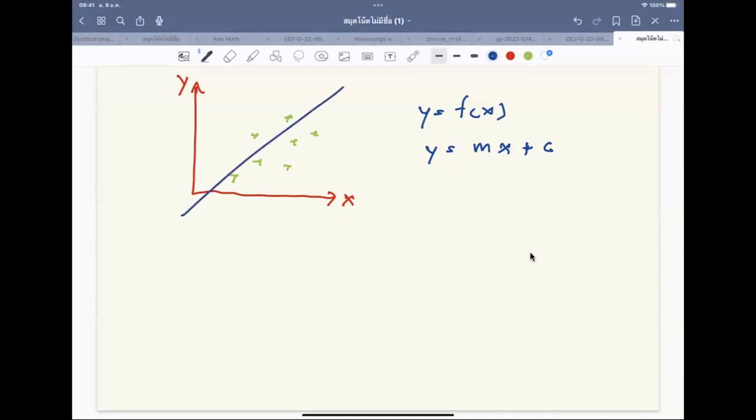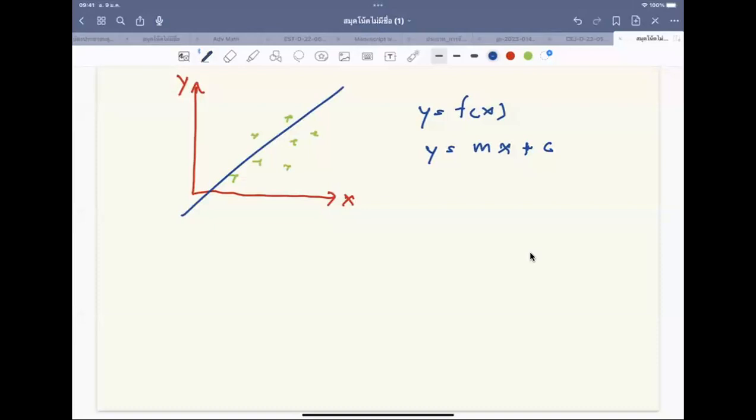For example, this is one possible solution with certain m and c. And how do we define whether our estimation is good or not?